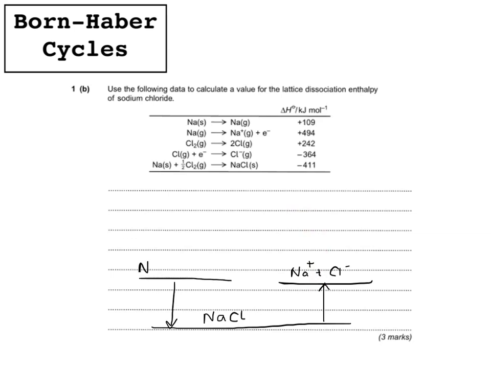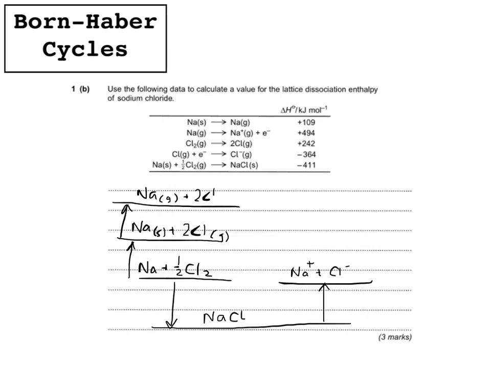So we've got Na plus half Cl2 going to that, and then we can then set about first atomization of chlorine. So you've got Na solid at the moment plus Cl gas. Then we'll atomize the sodium to make sodium gas plus Cl gas.